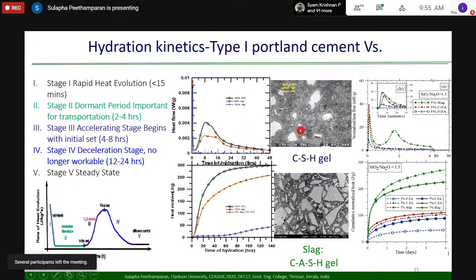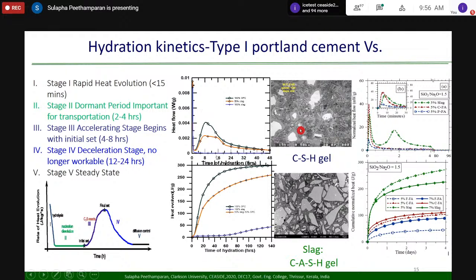It shouldn't set or harden in the truck. Within these 3 hours you pour it, finish it, and complete all the work. The initial set is when the cement grains start reacting significantly, and the final set is when you can walk over your concrete. This kind of data is very important whenever you develop any new cement or new concrete.